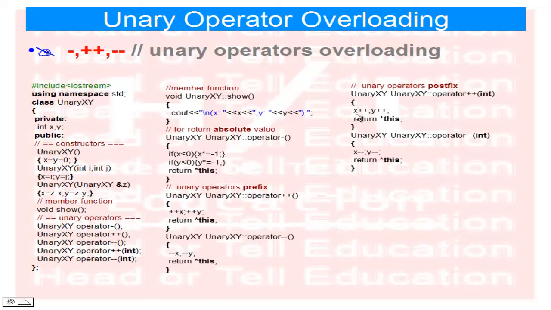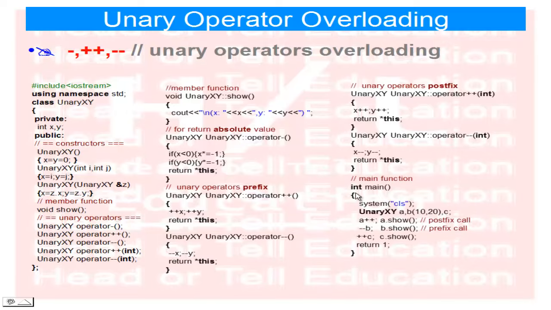Okay, so x plus plus, y plus plus, and return the value of the object. So *this, same as unary xy for minus minus postfix, so return the value of the current object. Okay, so this is the main importance of the unary operator, to set the prefix and postfix action.